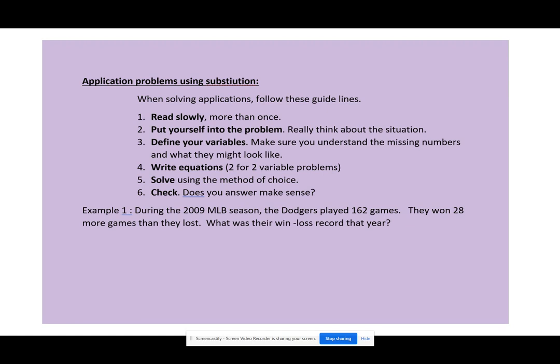Even the best math people cannot understand a word problem from the very first read. If you read a math problem the way you read a newspaper article, you'll never understand it. So you've got to read it extremely slowly, phrase by phrase, and take it in. So don't expect too much. Read it slowly and read it again.